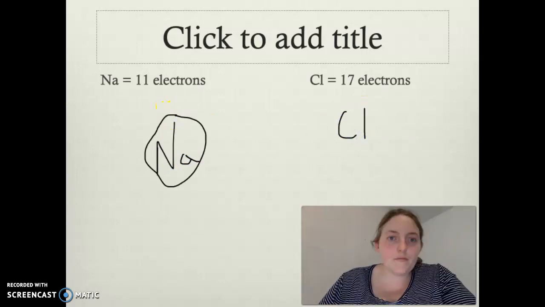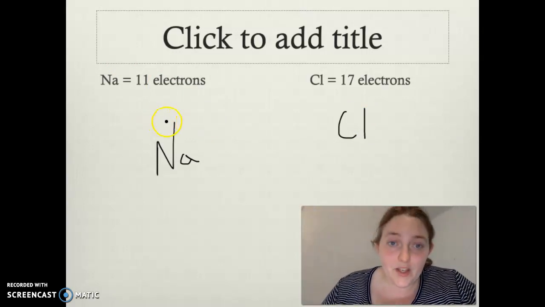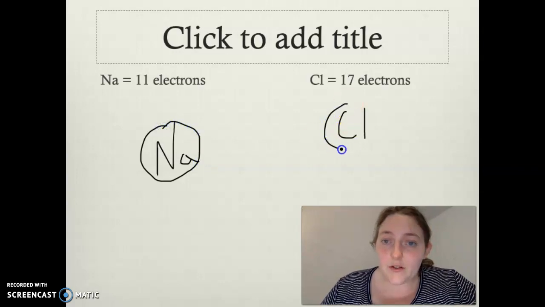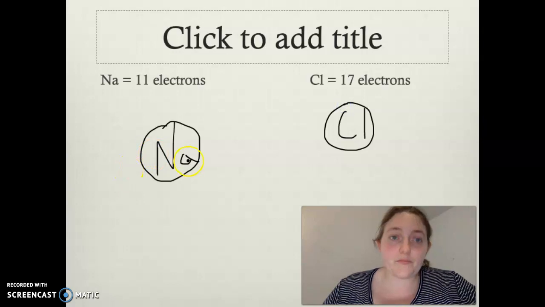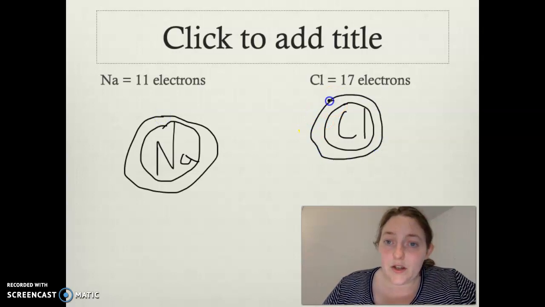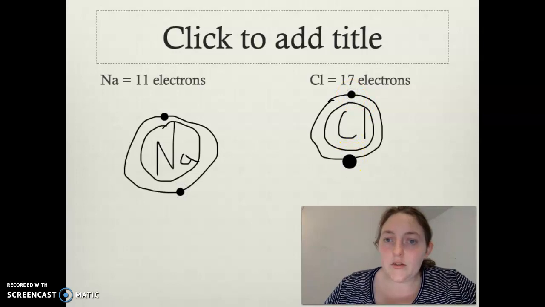So I'm going to draw that first circle here to show the nucleus. My little sodium nucleus, my little chlorine nucleus. Okay, now I'm going to do my first shell for both. One and two. 1 and 2.